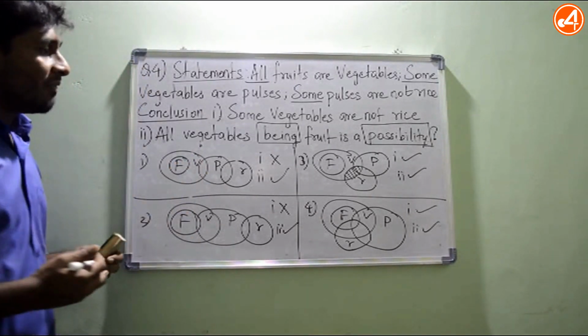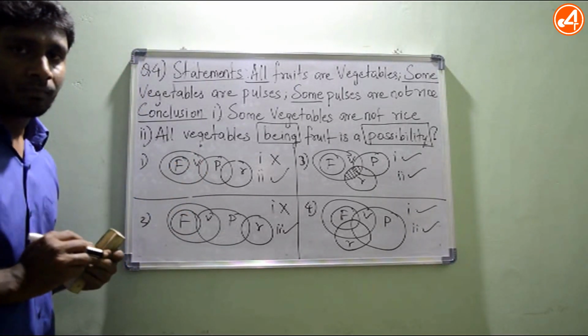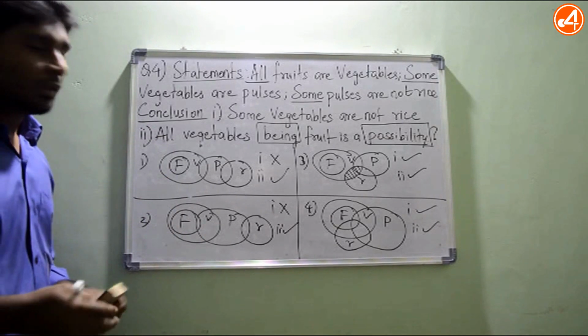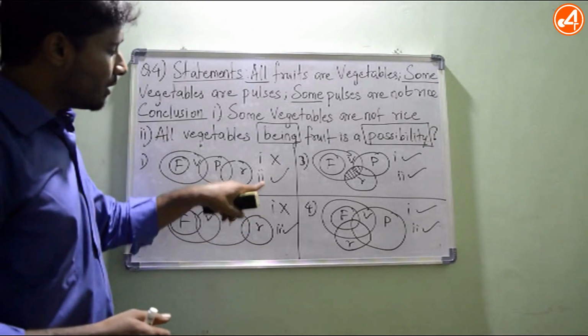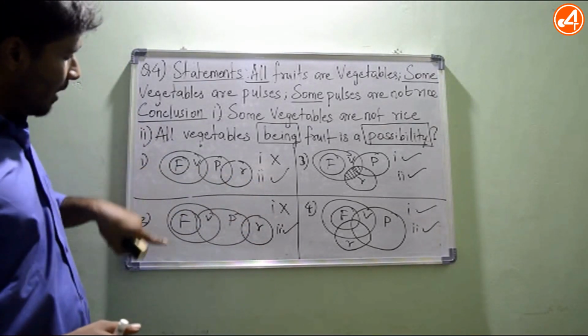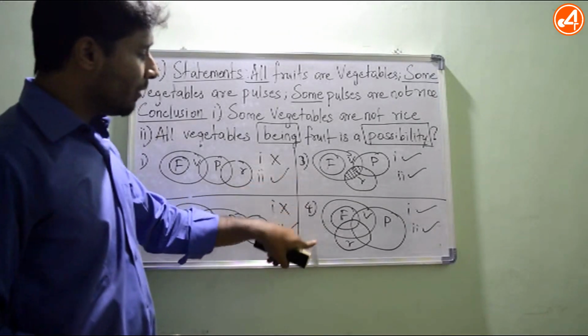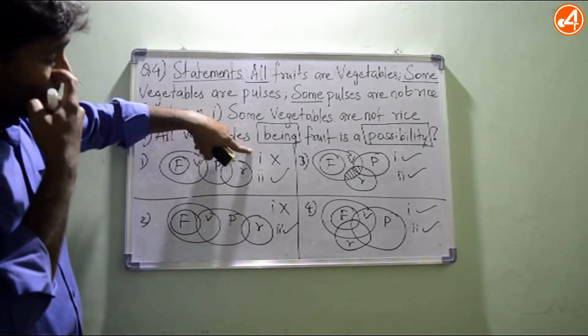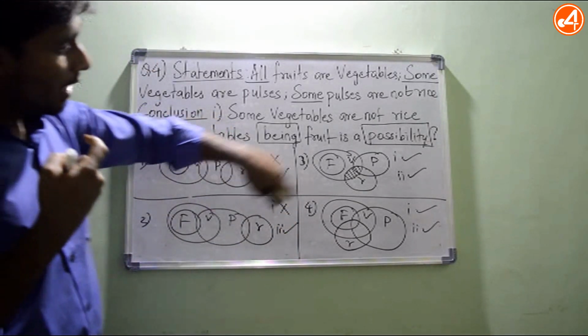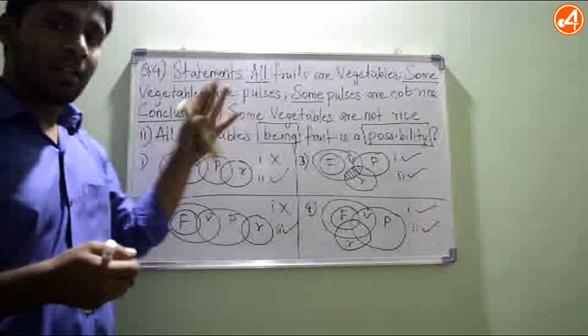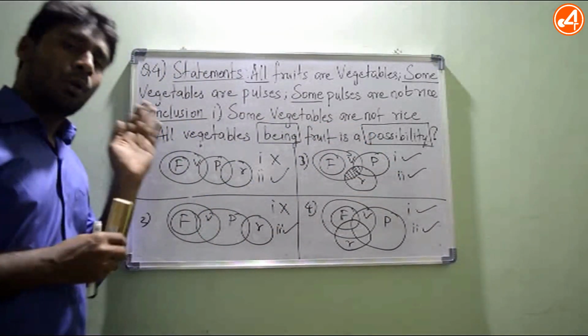So in this one, how can we check the conclusion? How can we go for the final option? Conclusion 2 is following in all the cases. 2 is true in the first diagram, true in the second, true in the third, and true in the fourth also. And 1 is false in the first, false in the second, and true in the third and fourth. So can I use rule 4 here?